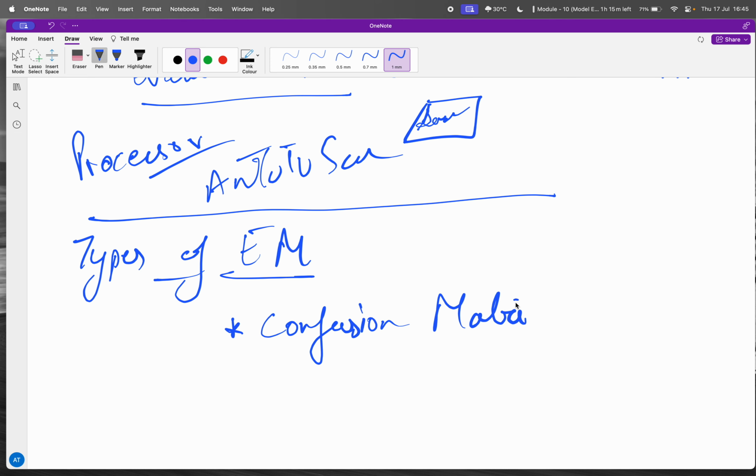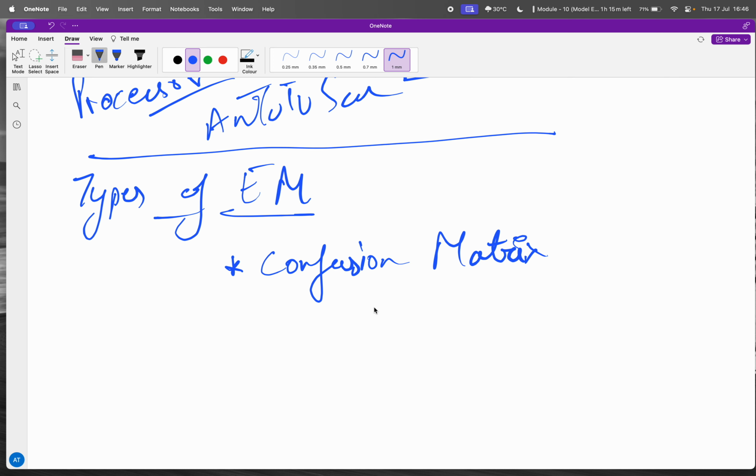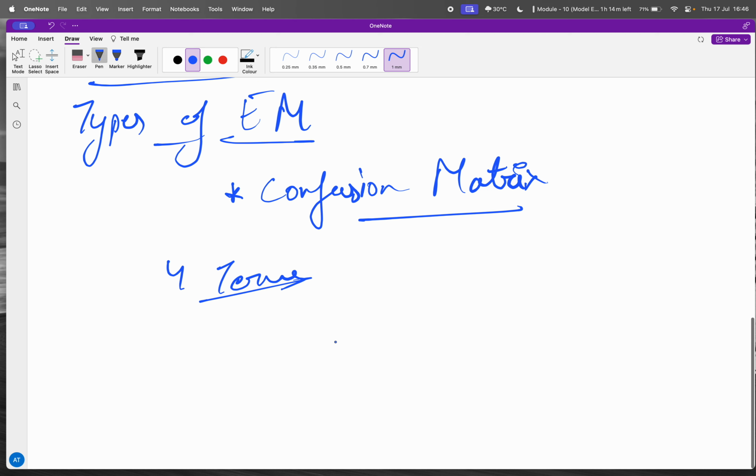Confusion matrix, right? Before going for the confusion matrix, we will talk about four terms, right? These four terms are very important, and guys, if you are not paying attention till now, start paying attention, because this is the most important part of the whole confusion matrix topic, right? The four terms are categorized in two things.